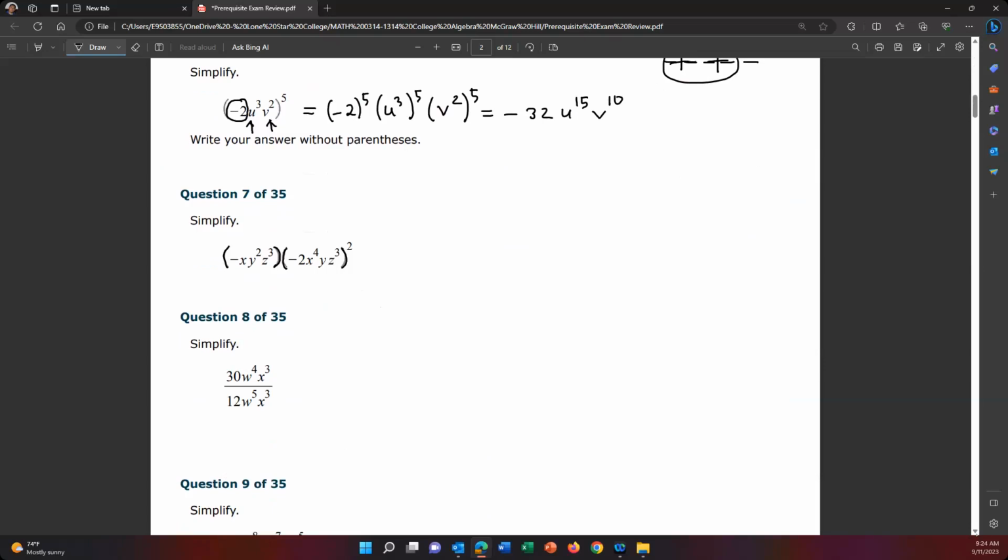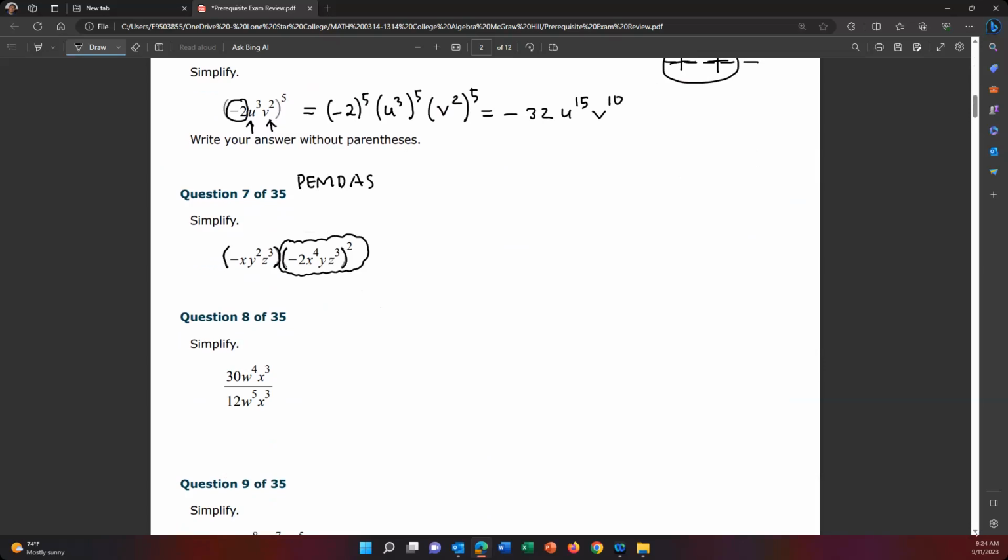But before we do that, I'm noticing that this parentheses here is raised to the 2nd power. So I don't know if you remember this, but when I learned this, they used to say something like PEMDAS. They probably say something different now, but I remember this. And it said that you have to do whatever is inside of the parentheses first.